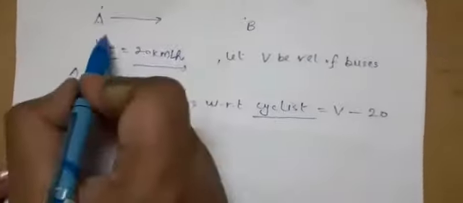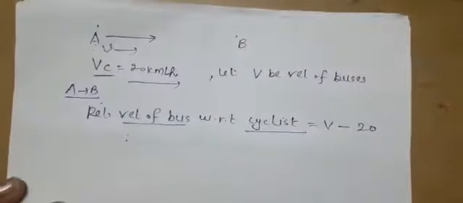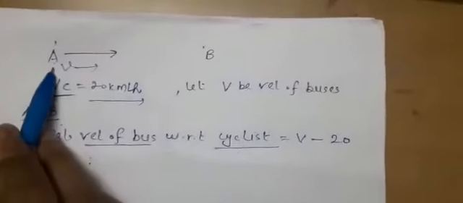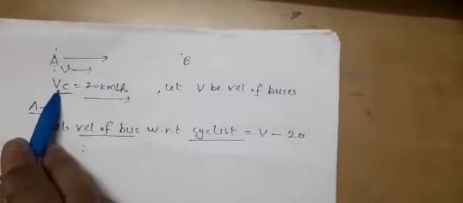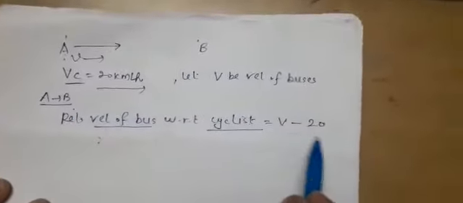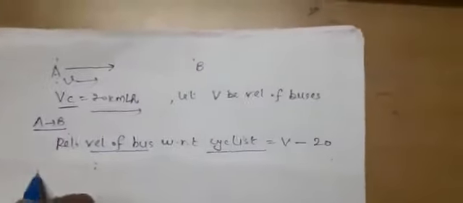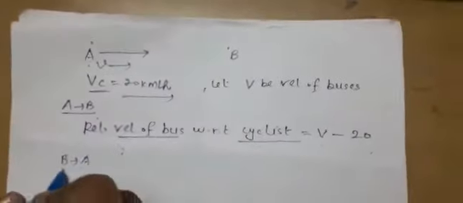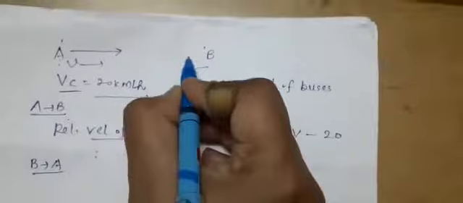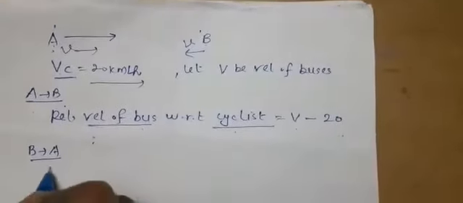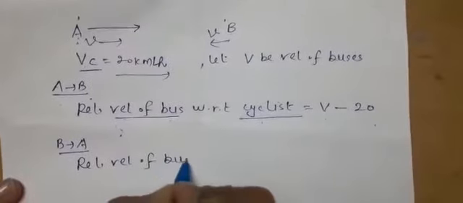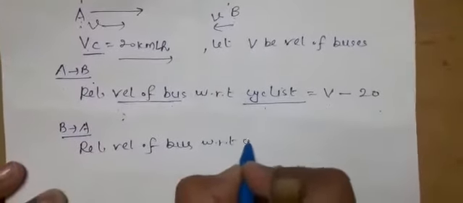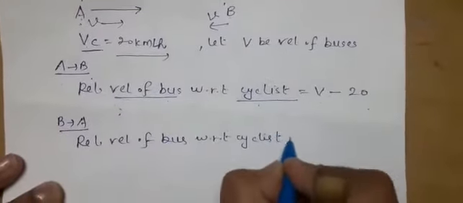Why? Because the bus is moving in the same direction. When the bus is moving from A to B, the velocity of bus with respect to cyclist will be obtained by their difference. Now when the bus is coming from B to A with the same speed, in that case the relative velocity of bus with respect to cyclist.